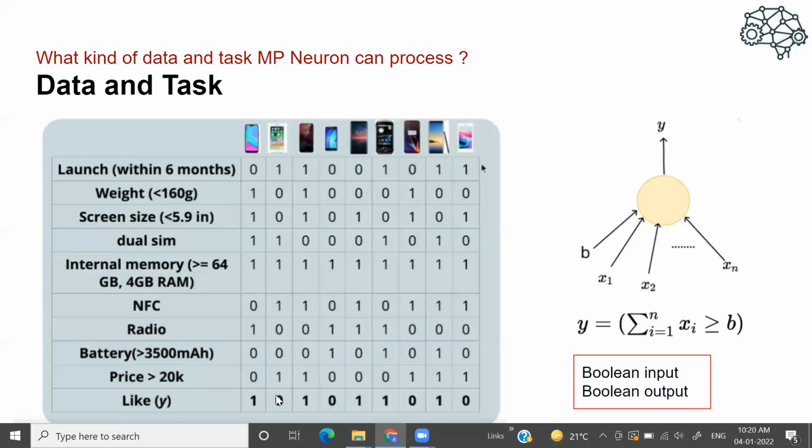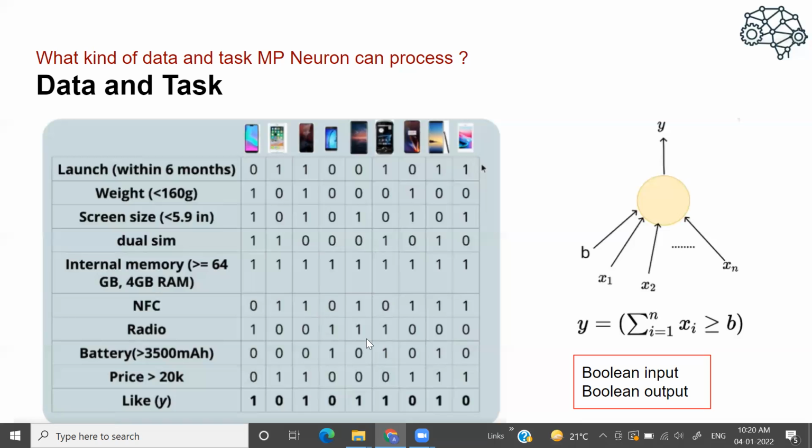And you say that this phone number 1 is the one which you liked, phone 3 you liked, phone 5, 6 you liked, 7 you liked, right? So this data that you have generated, now you can apply MP neuron, which can learn from this data, which can learn about your likes and dislikes based on the phone features, right?